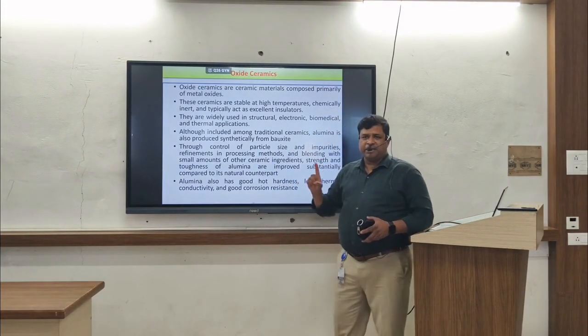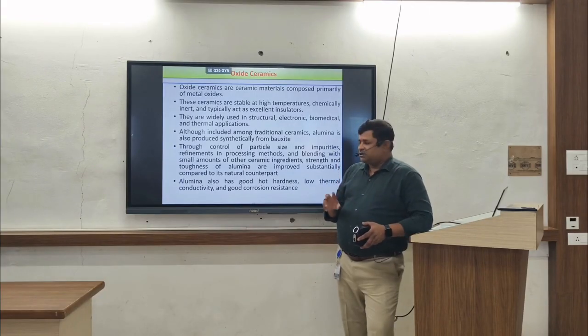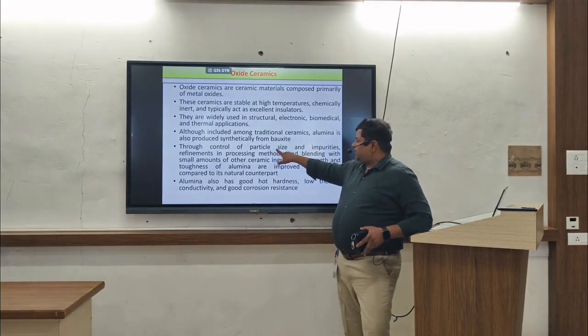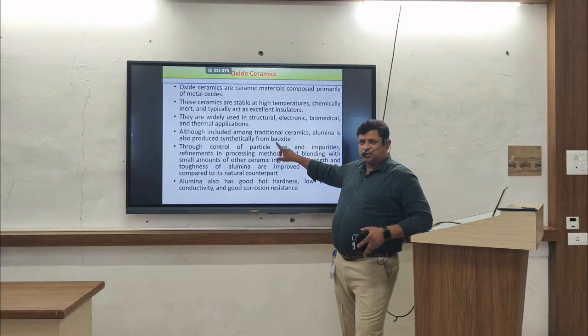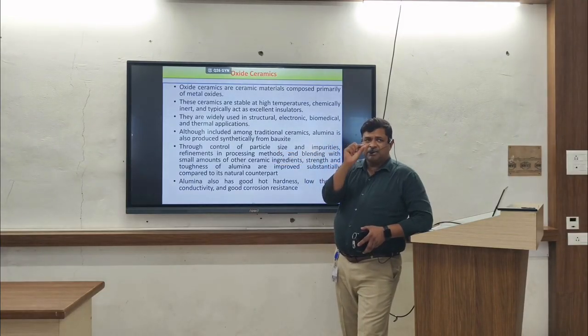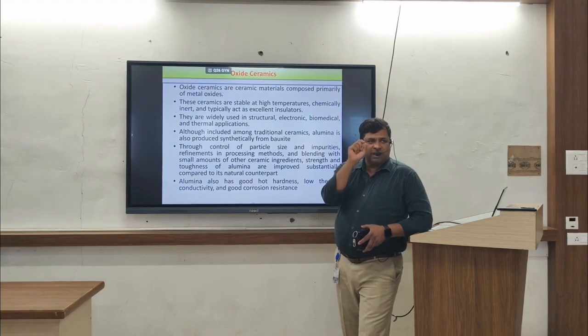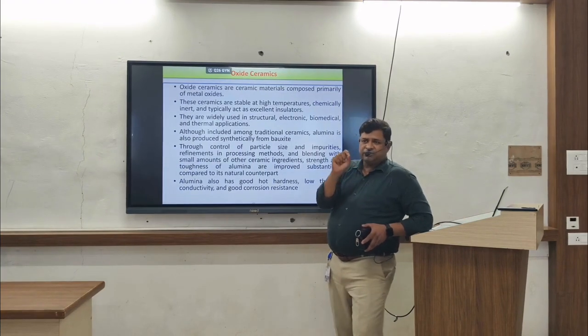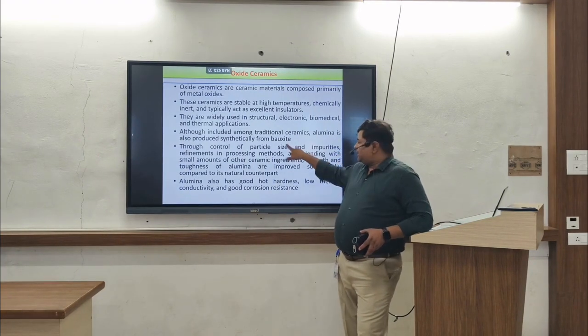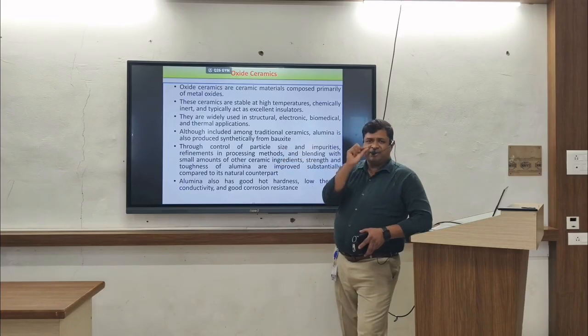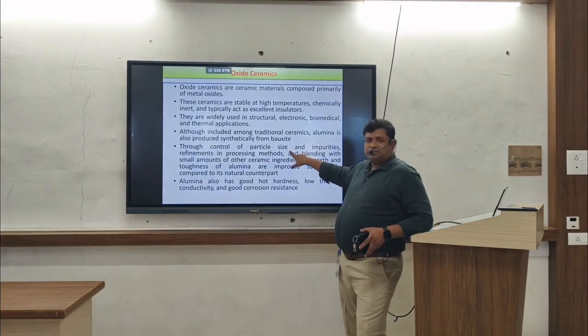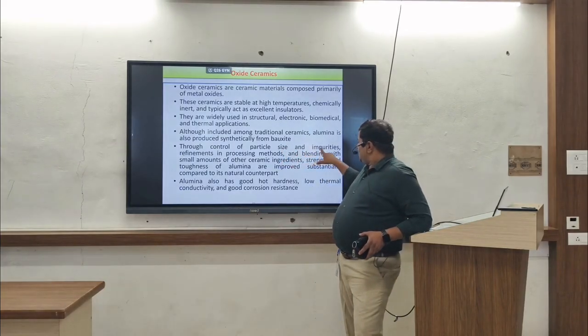So only alumina, only Al2O3, you may have a less strength. But if you control the particle size of that alumina, fine grain material are having more strength than the coarse grain, we have learned that already. But here if your alumina particles are fine, in that case you may have chance of improving the strength.